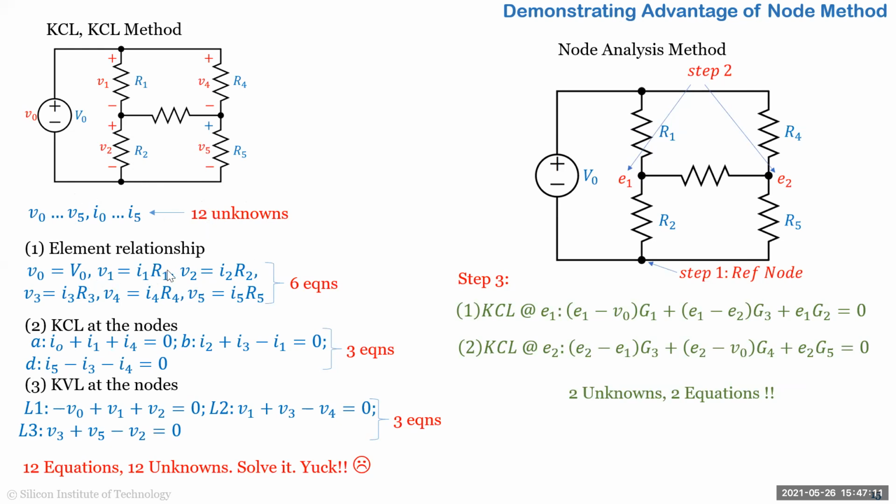So you find the relationships. First, you do the element relationships. Basically, V1 equals I1 R1, V2 equals I2 R2, and so on. You get 6 equations from that. And then you have 6 nodes. You get 3 KCL equations from 3 nodes. Why is it 3 nodes?